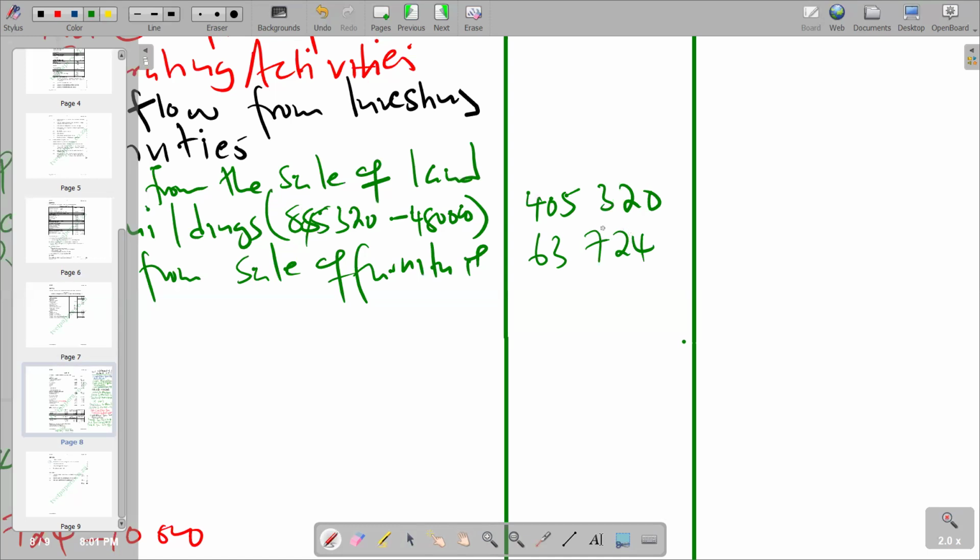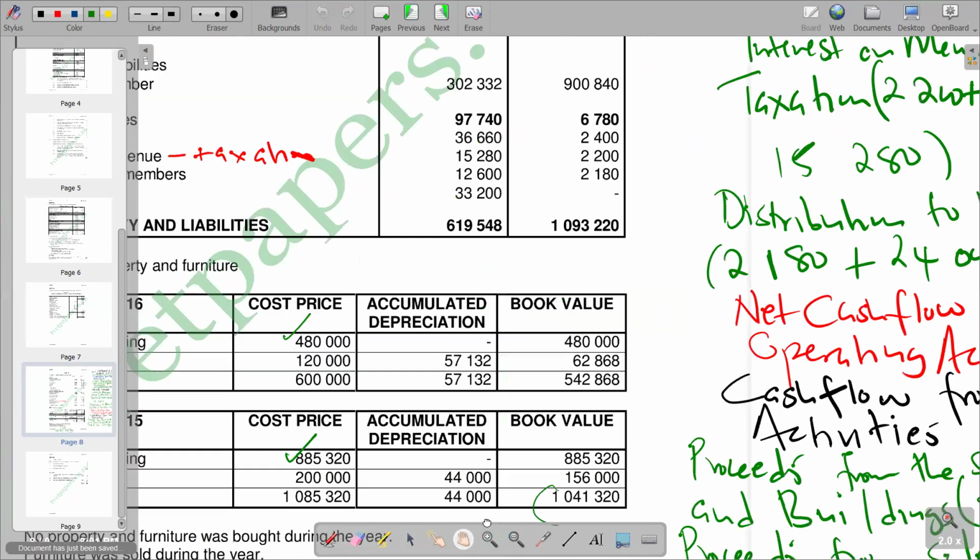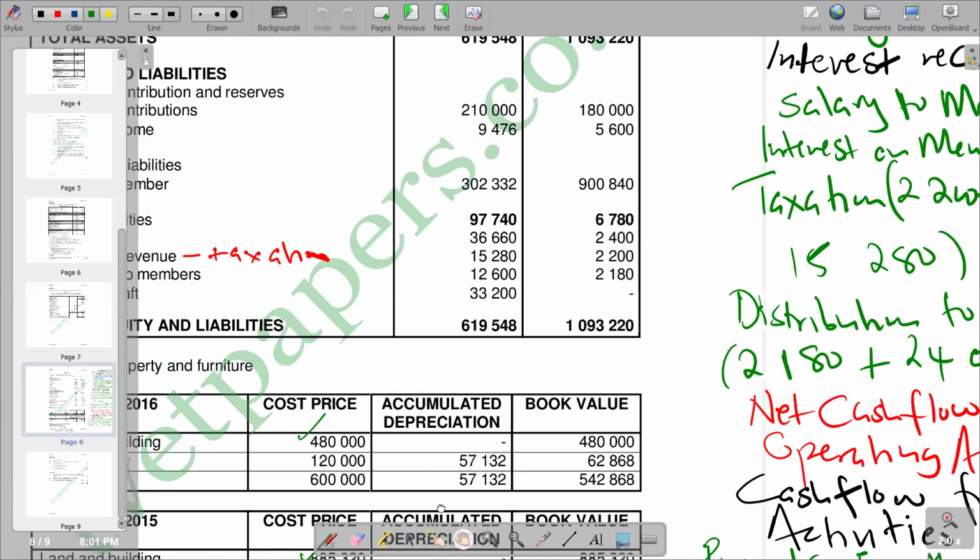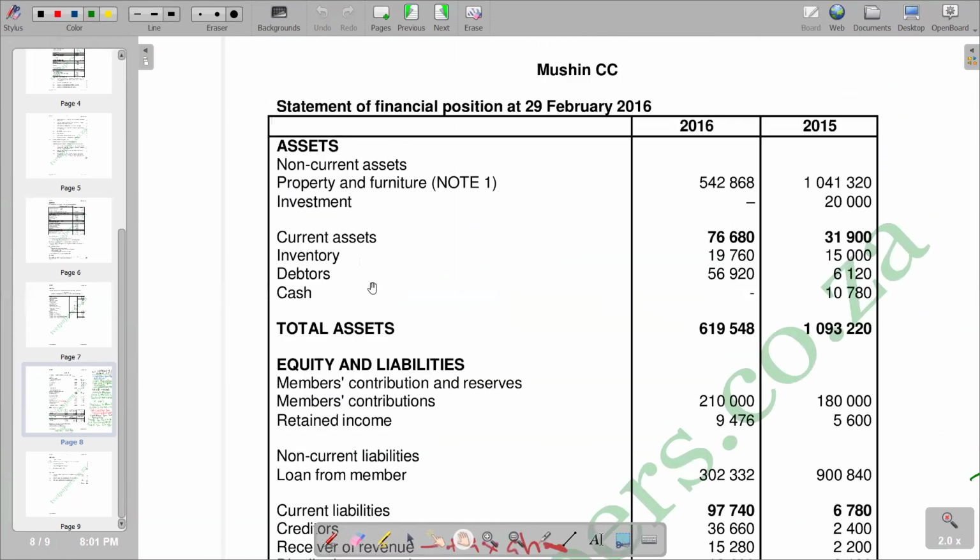And obviously, we try to look for other investing activities. Let's go to the statement of financial position, under non-current assets. We have some investments of 20,000 at the beginning of the year, but there's nothing at the end. So this is a maturity of investment. It is a decrease of investment, so it means it's an inflow. If you say 20,000 minus 0, you get 20,000, which we are going to show as a positive.